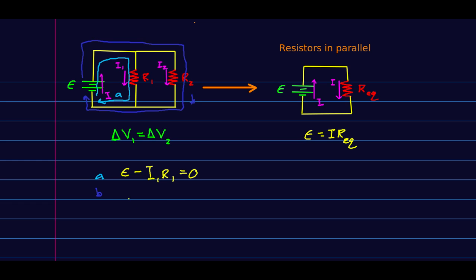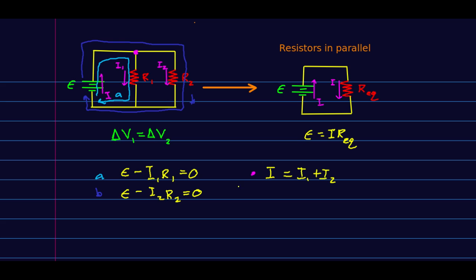And in the other loop B, I go up epsilon, and I come down I2 R2. And then the other thing I have to work with is a junction. I can think about this junction, and I can write the junction law there. I have a current I in, and I have currents I1 and I2 going out.